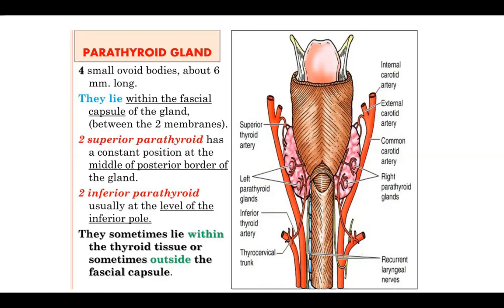The superior ones are related to the middle of the posterior border of the gland, and the inferior parathyroid glands are related to the inferior or lower pole of the thyroid gland. Sometimes they lie embedded within the thyroid tissue, or sometimes they are found outside the fascial capsule. So their position varies most of the time.